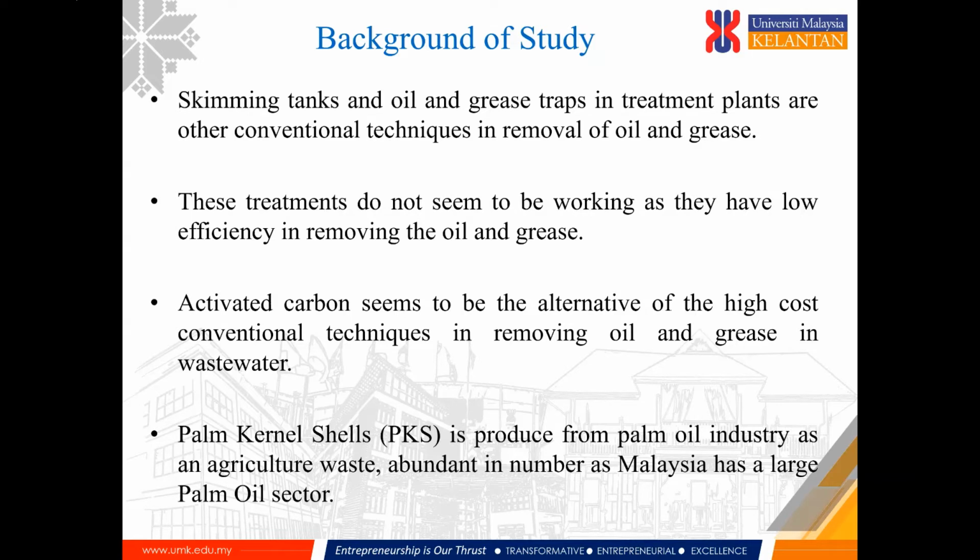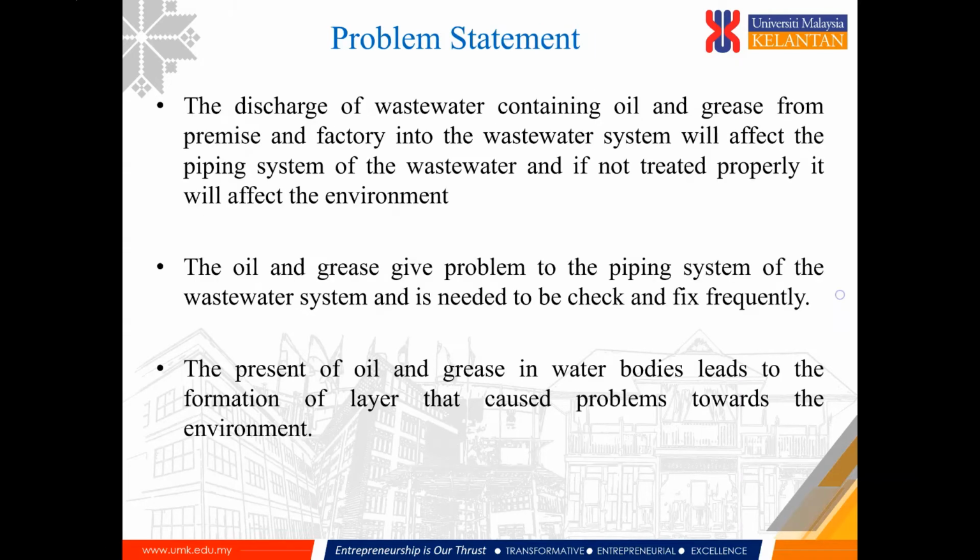In this study, palm kernel shells from the palm oil industry are used as raw material for activated carbon, as an agricultural waste abundant in number since Malaysia has a large palm oil sector.